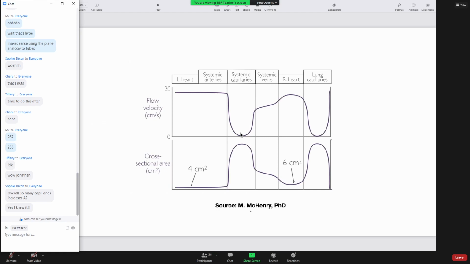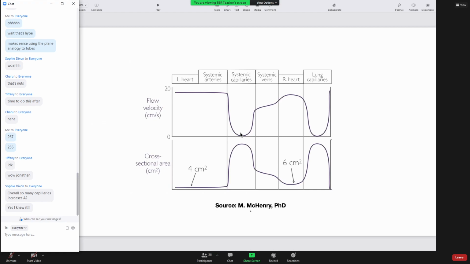So that's something to keep in mind. That is one of those gotcha type pieces of information that I've seen quite frequently. The cross-sectional area of an artery is much less than that of the capillaries, just because there are so many of them. The blood flow from one artery doesn't travel into one arteriole to one capillary.